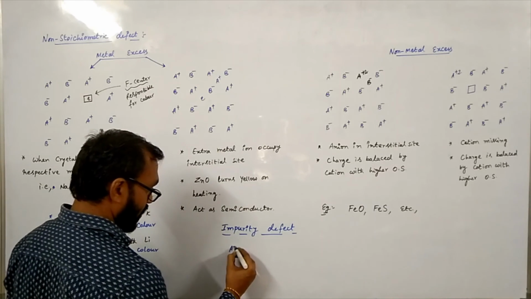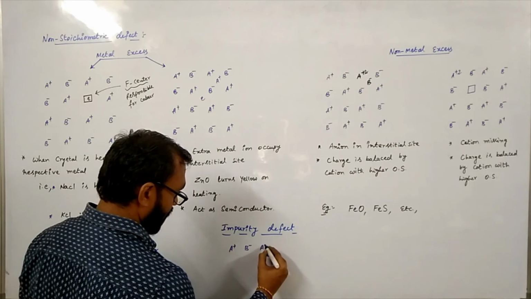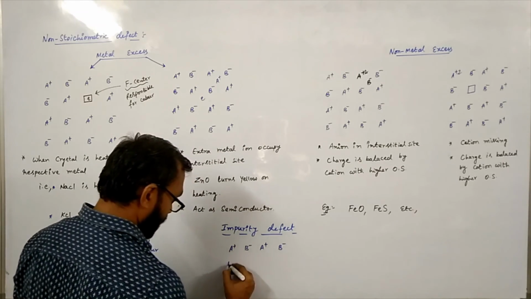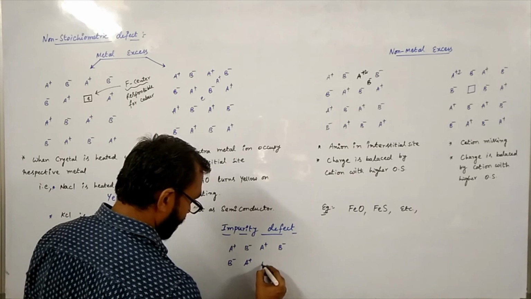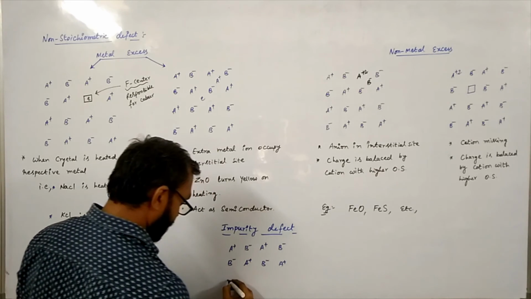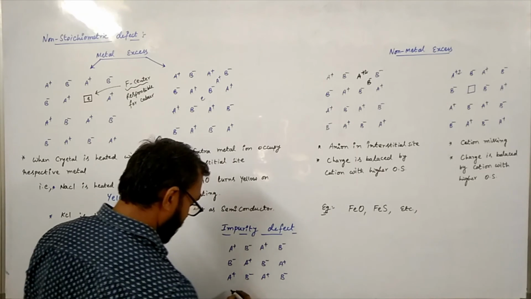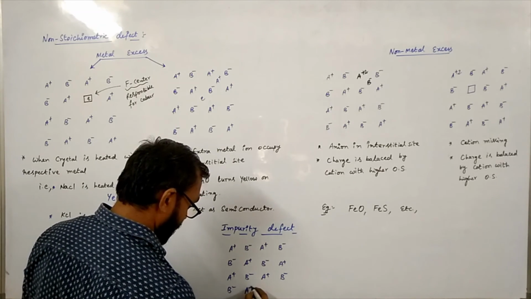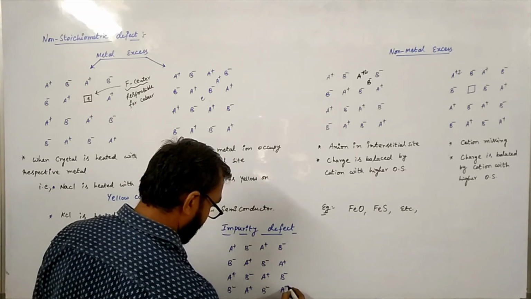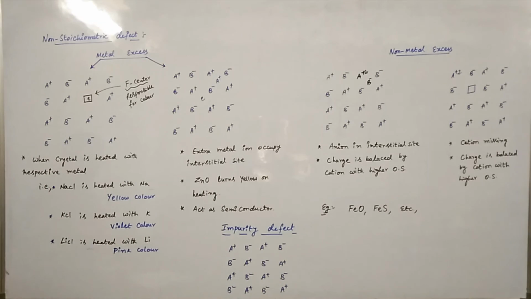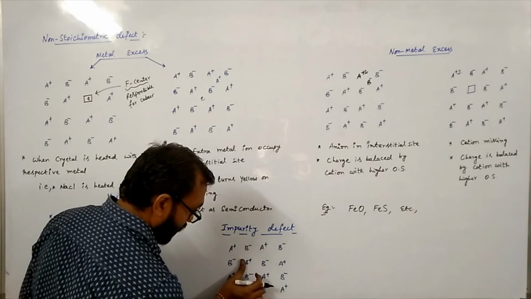For example, if I consider A plus, B minus, A plus, B minus, B minus, A plus, B minus, A plus, A plus, B minus, A plus, B minus, B minus, A plus, B minus, A plus. Now, if it is a perfect crystal, impurity defect means few sites are missing.